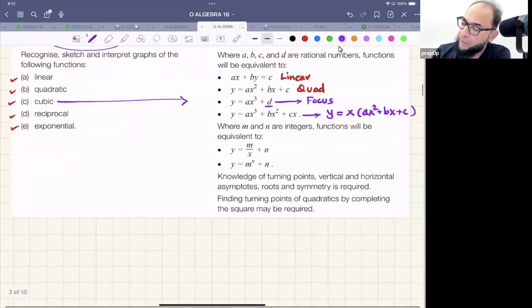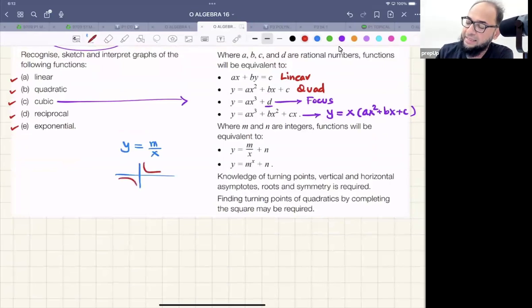And then it says m and n are integers and functions will be equivalent to... So now there are some more. y equals m over x plus n. We have drawn y equals m over x, the simple reciprocal like this, and then reflection in the x-axis. We have done this thing.